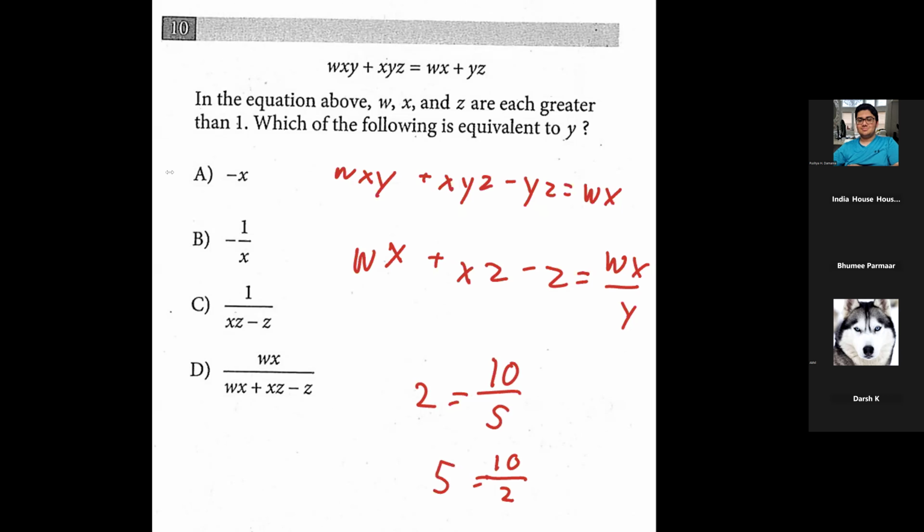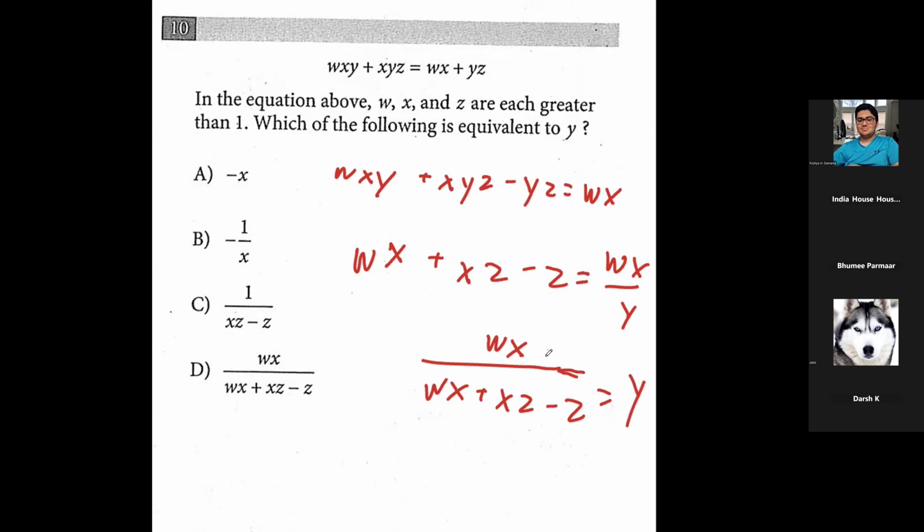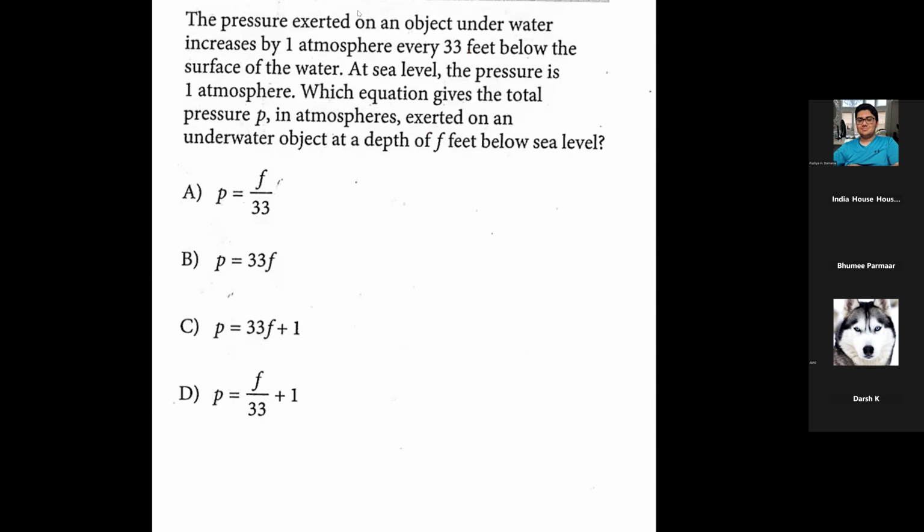So we can do the same thing with this equation, or we can say WX over WX plus XZ minus Z is equal to Y. And so that would be your answer, which is in choice D. Okay, question 11.